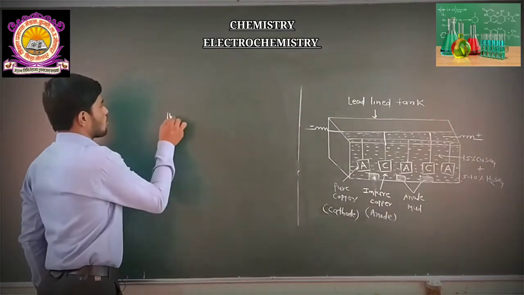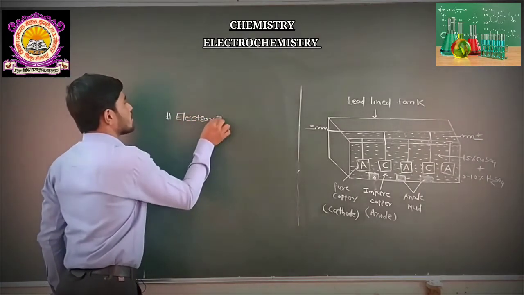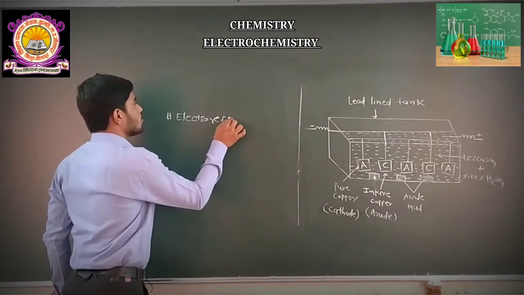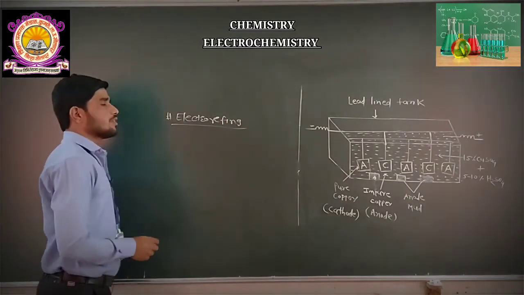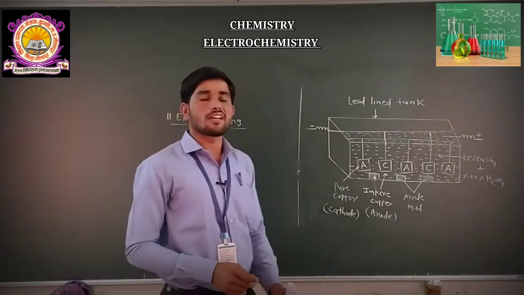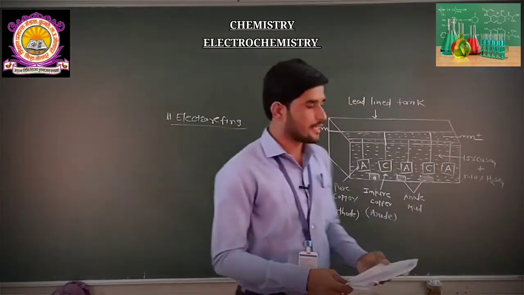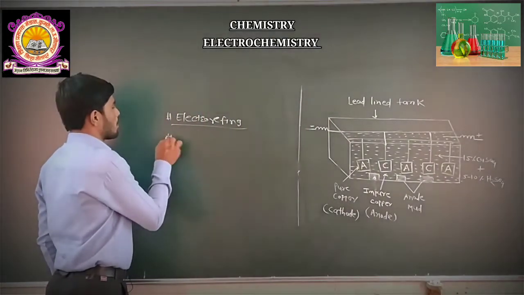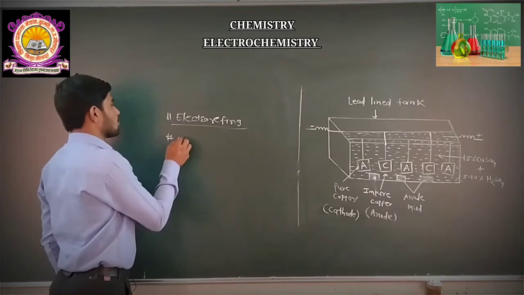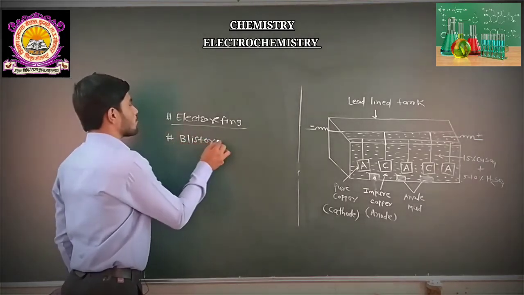So electro-refining is a process of formation of pure metal from impure metal by the passage of electric current. And the best example of the electro-refining process is the electro-refining of blister copper.